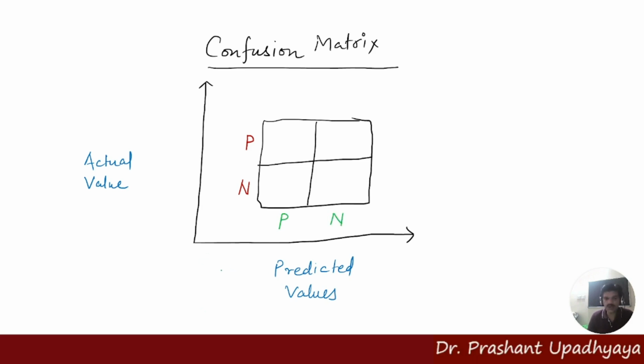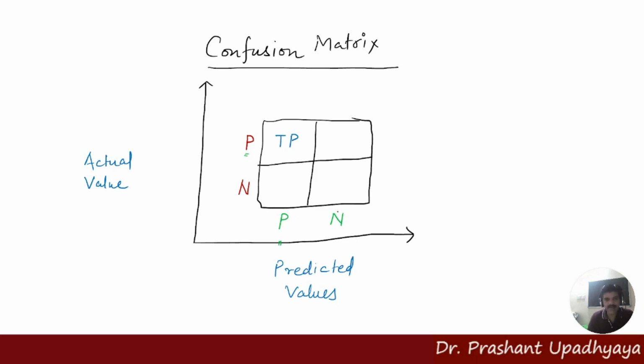Now if you compare this graph, if the actual value was positive and the predicted value is also positive, here we write it as a true positive, that is a TP.